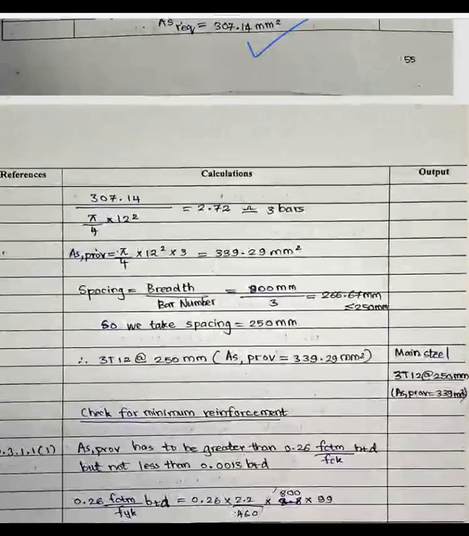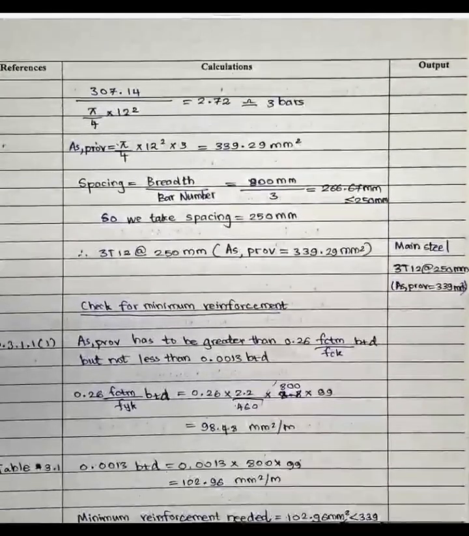I assume already the bar diameter is 12 millimeter. So 307.414 divided by the bar area gives 3 bars. So in the width direction of the staircase, we want to give 3 main bars.